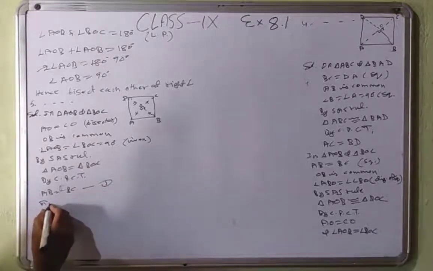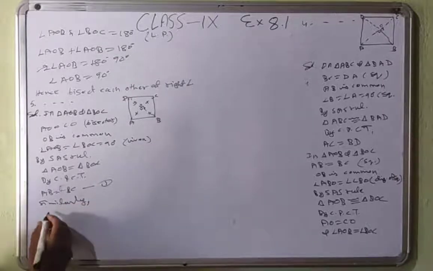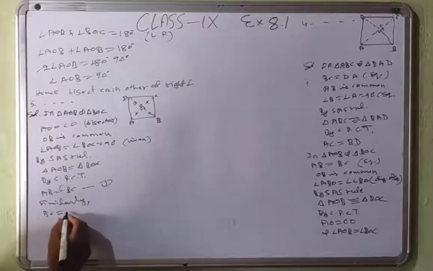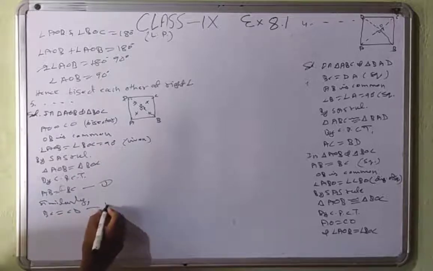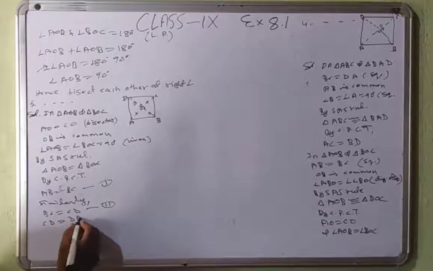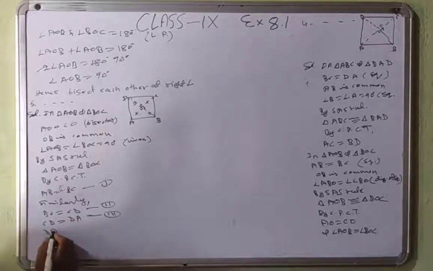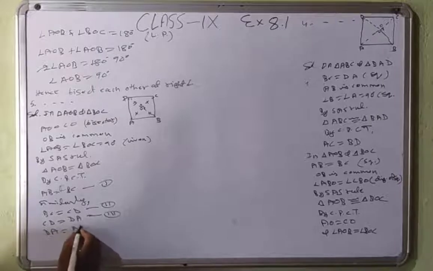Similarly, BC is equal to CD, second equation. Then CD is equal to DA, that's the third equation. Then DA is equal to AB. We have done this in the previous question.